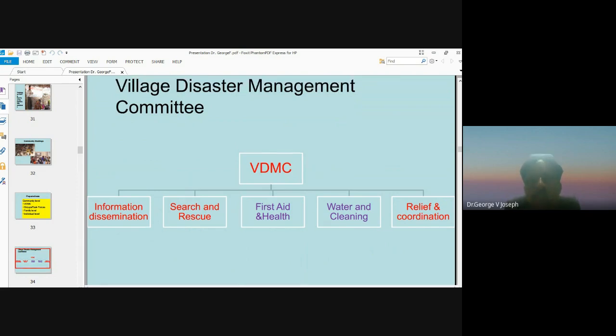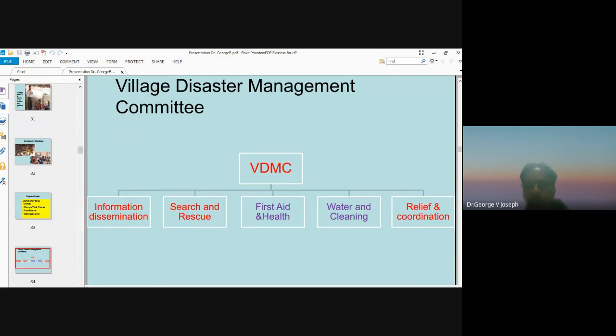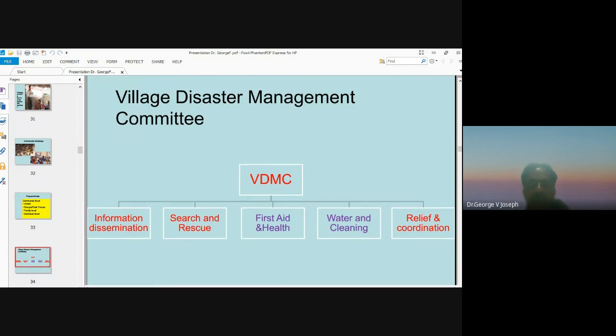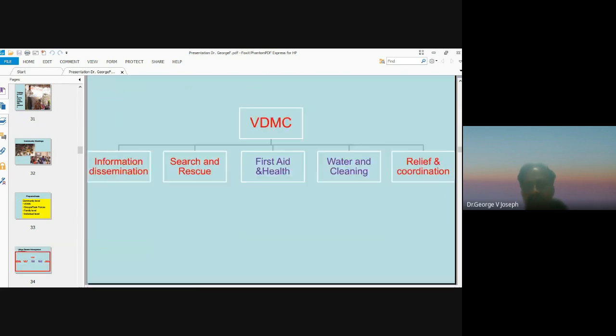Each team can have members and a leader. These teams can be given training on information sharing, search and rescue, and relief distribution. This process will help the community reduce vulnerabilities, and risk reduction activities can be done.